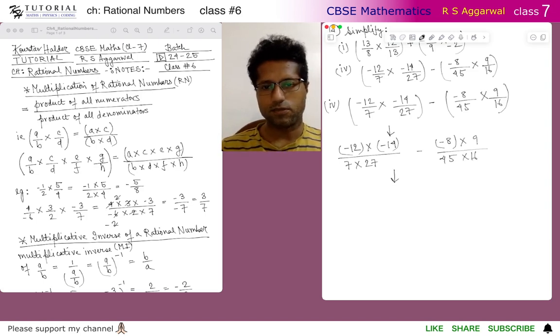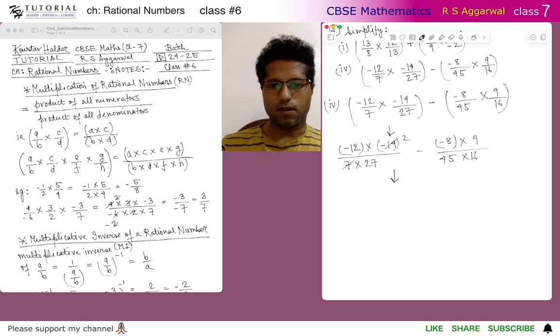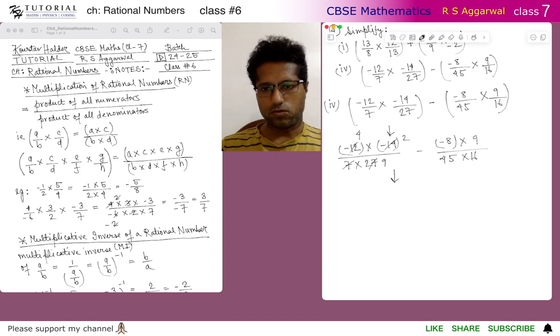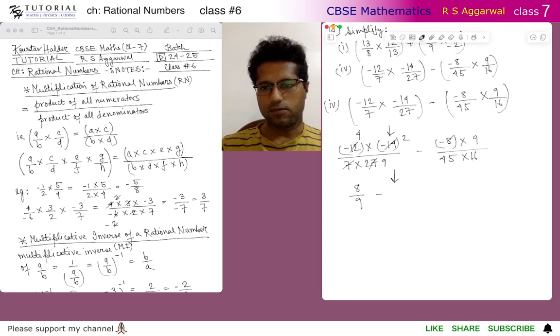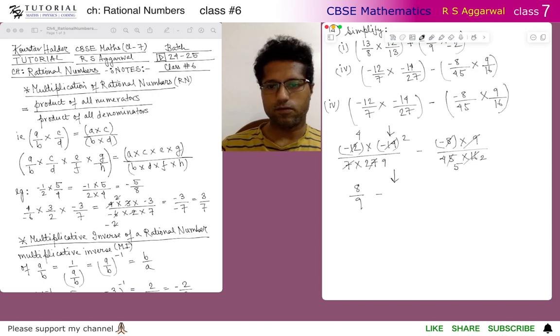Now if you do cancellation, this gets 2 and 3, 9, 3, 4. So the left product becomes 8 by 9 minus, and this gets cancelled with 2, and this 5. So this is minus 1 by 10.